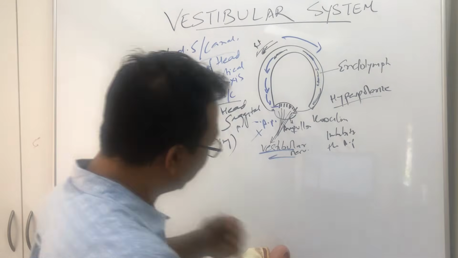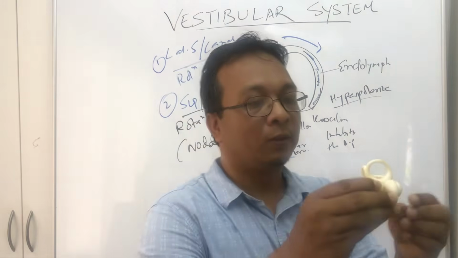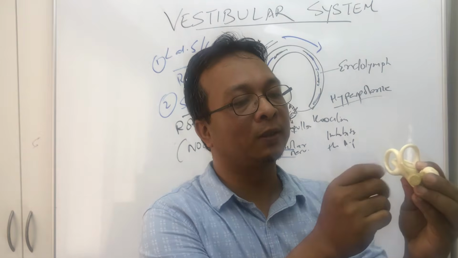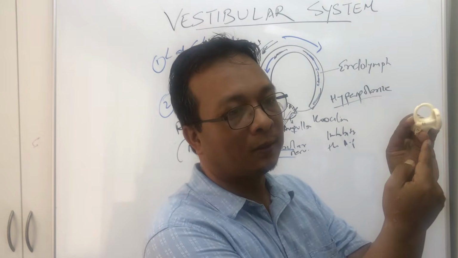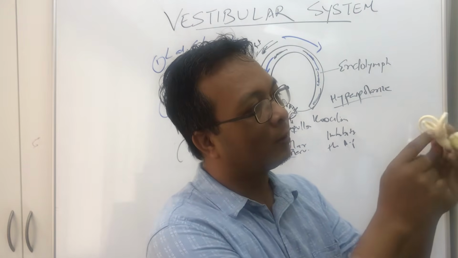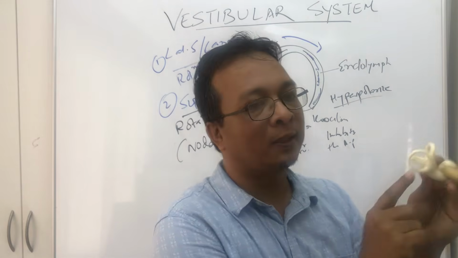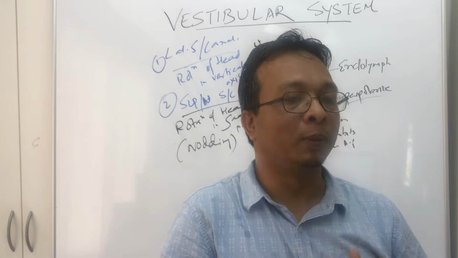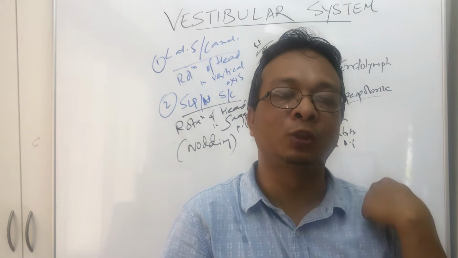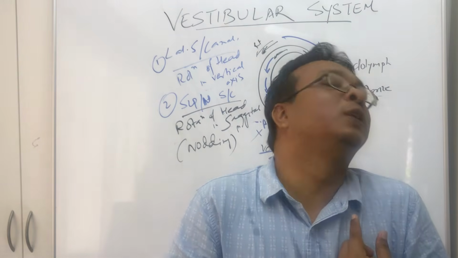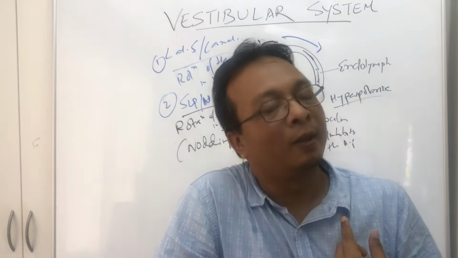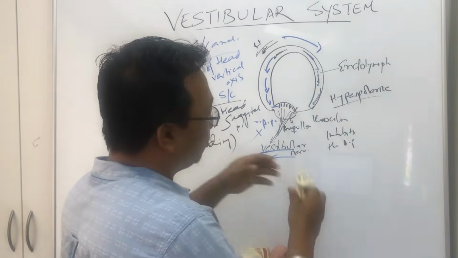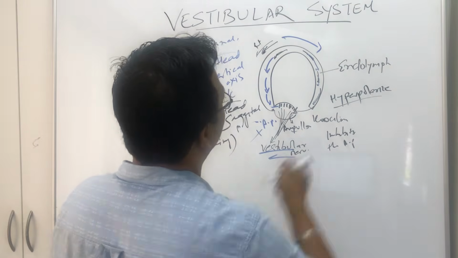Okay, and then the posterior semicircular canal. This is the posterior semicircular canal. It basically tells about the position of the head in a rotational movement. So when you are touching your ears to your shoulders, rotating your head like this, that is done by the posterior semicircular canal.